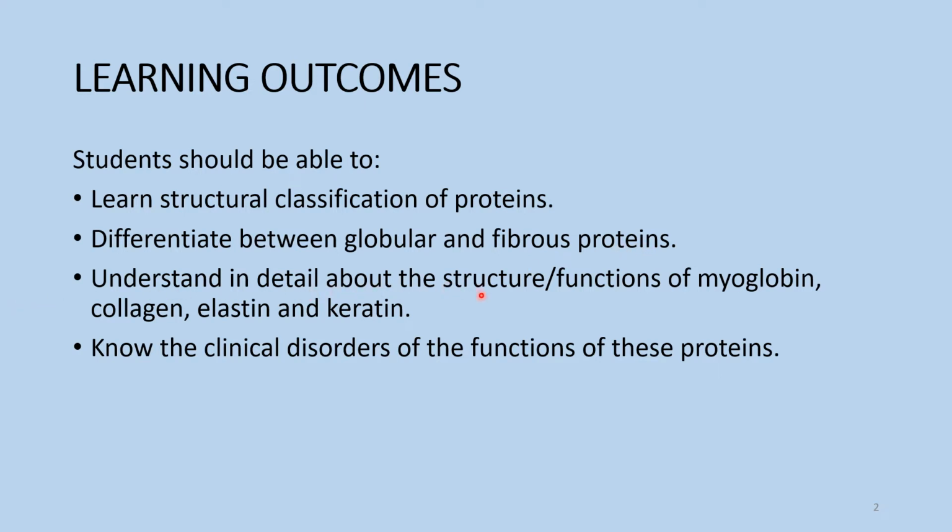And in detail, we will discuss structure and functions of myoglobin, which is a globular protein, while among the fibrous proteins, we will discuss in detail about collagen, elastin, and keratin, and also the clinical disorders associated with these proteins.